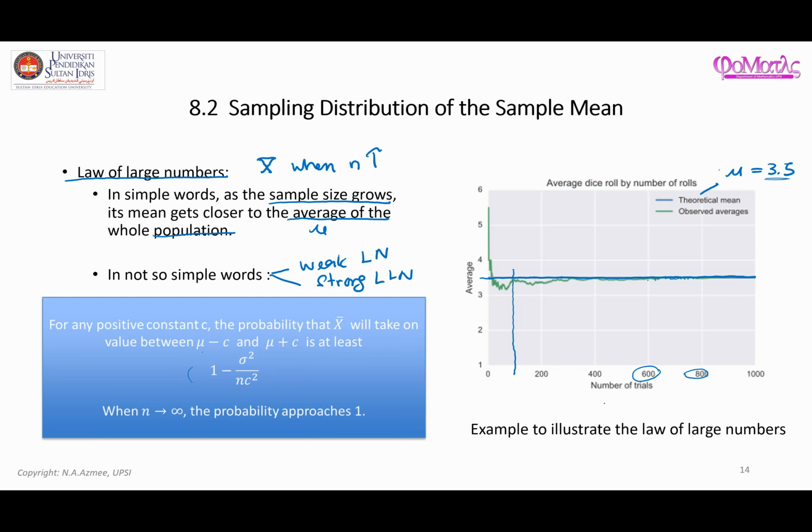So what it really means, if I translate the long statement here into a simple mathematical statement, is that the probability that x bar will take on a value between mu minus c and mu plus c is at least, so it could be greater than or equal to, 1 minus sigma squared over n times c squared.